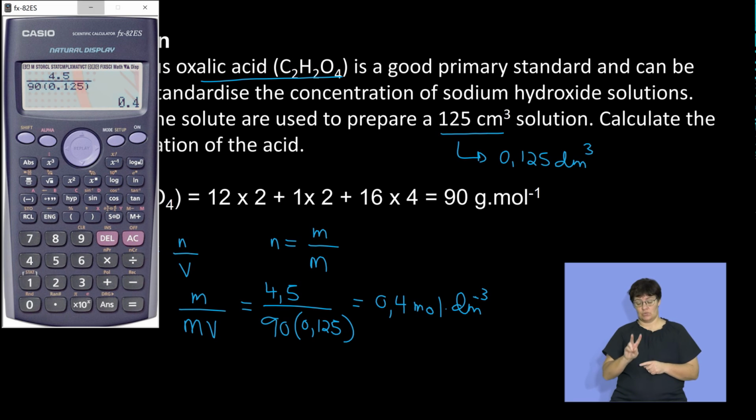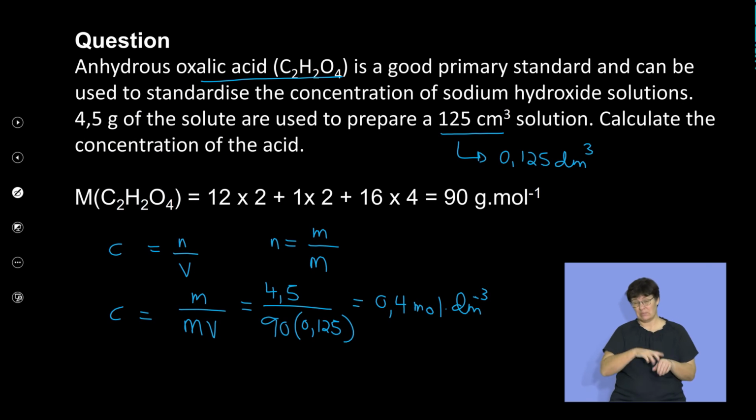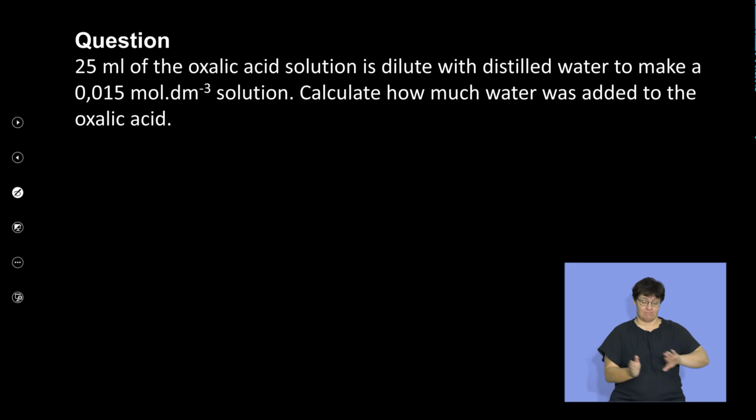Very important. And then the follow-up question says 25 mils, that's the volume of acid. So we know that the volume of acid that was used is equal to 25 cubic centimeters, 25 milliliters.